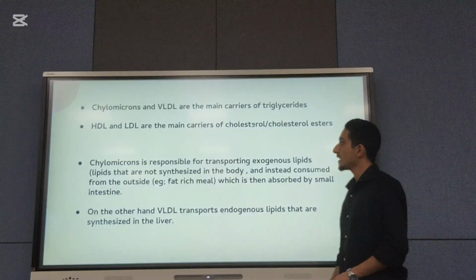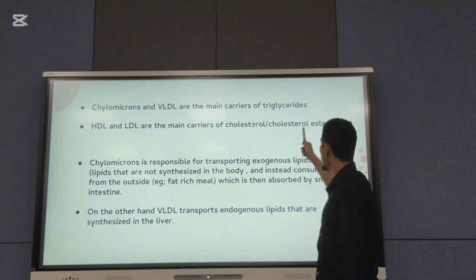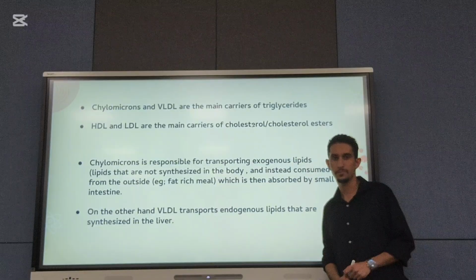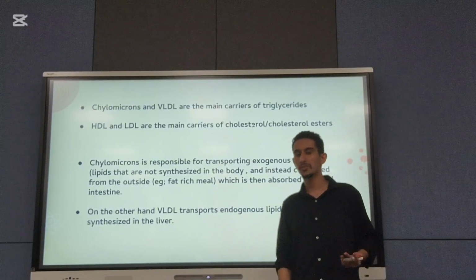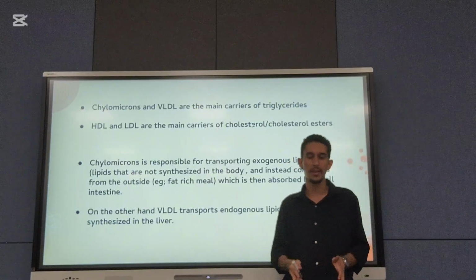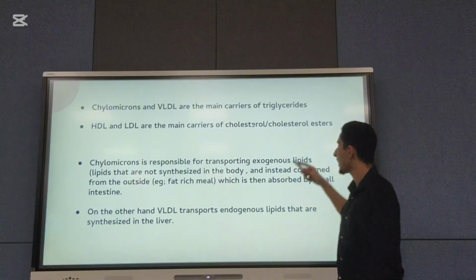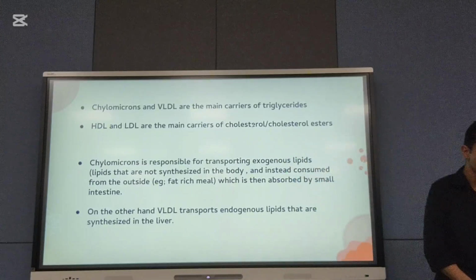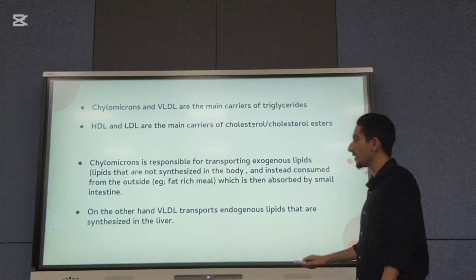HDL and LDL are the main carriers of cholesterol and cholesterol esters. Like the previous image, instead of triglycerides, we will see a lot of cholesterol. We will find a relative amount of triglycerides, but they mainly transport cholesterol and cholesterol esters.